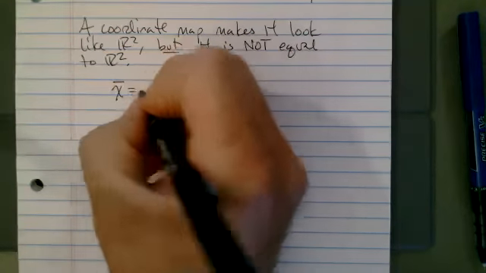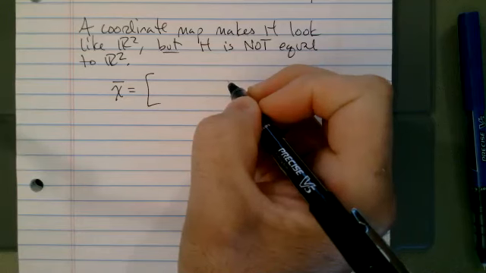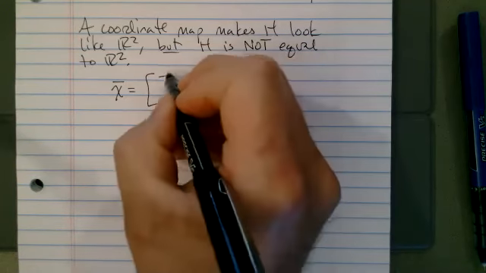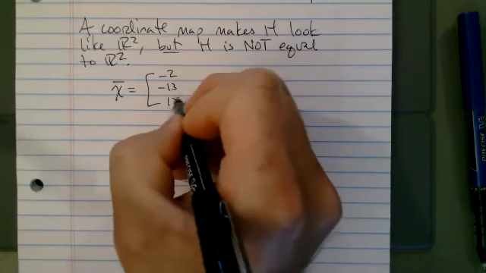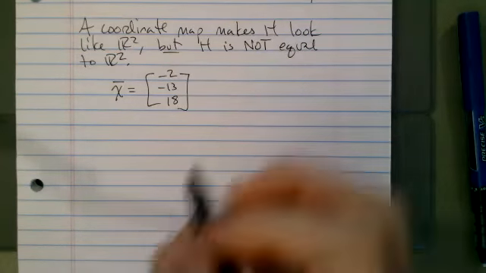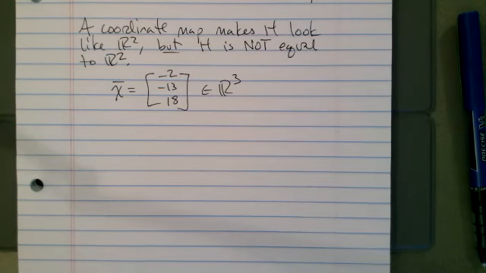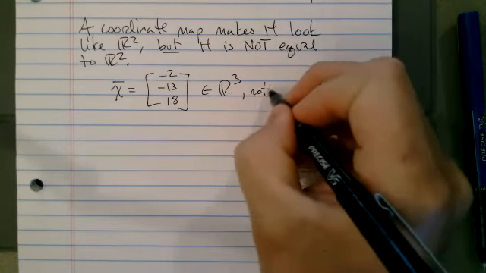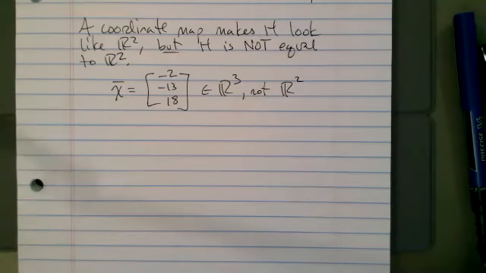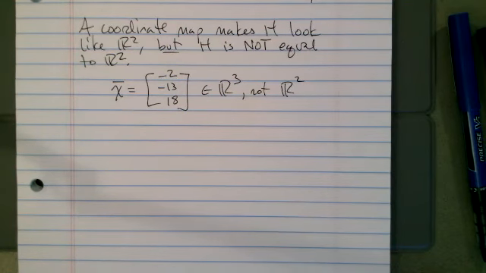X is this vector. What was it? -2, -13, 18. That is in R3, not R2. When things are equal, they have to be exactly the same. I couldn't say that -2, -13, 18 equals -4, 1.